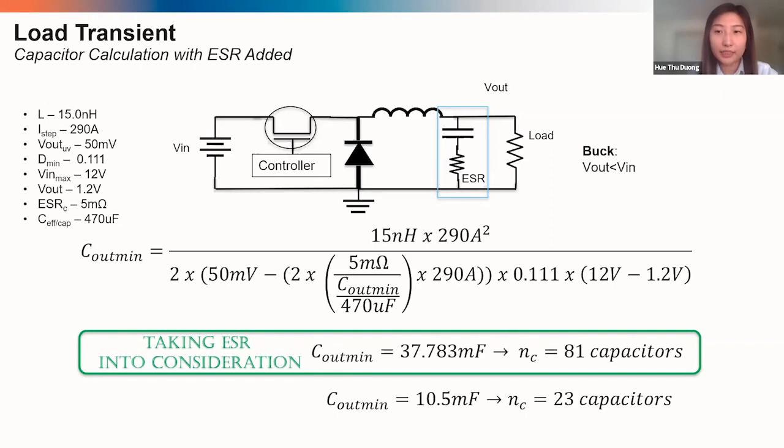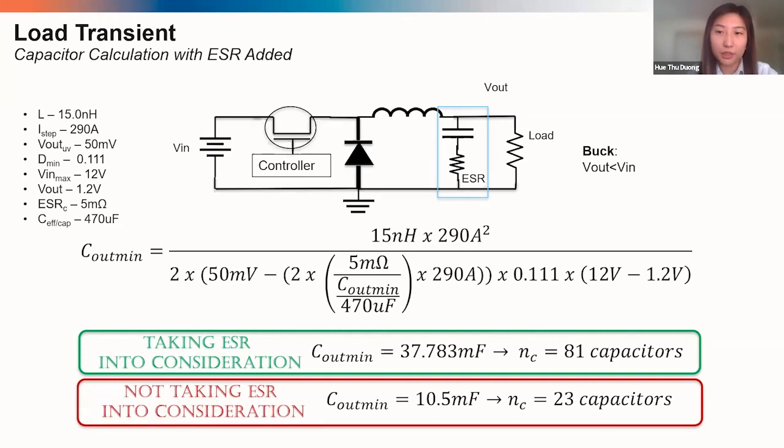In the ideal case, not taking ESR into consideration, the total output capacitance required would be 10.5 millifarads, which would require 23 capacitors. And that is actually a drastic difference, as taking ESR into account almost quadruples how many capacitors are needed.